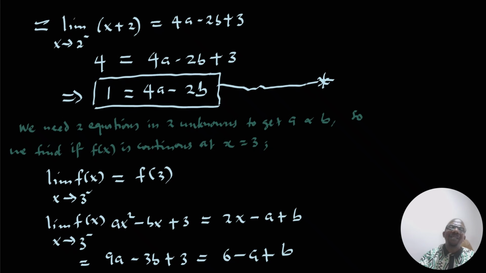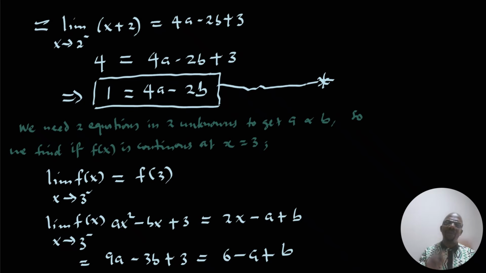So we find if f is continuous at x equals 3. We got the first one at x equals 2, since the continuity we are given is between 2 and 3. When we used x equals 2, we got a linear equation in two unknowns.